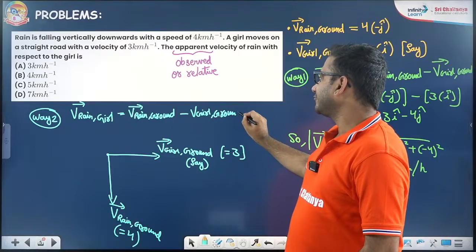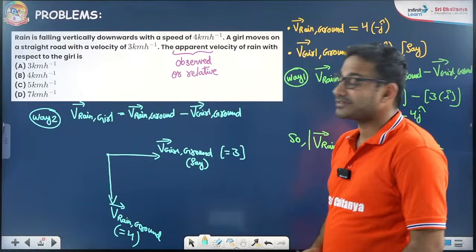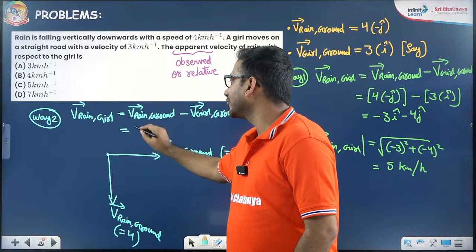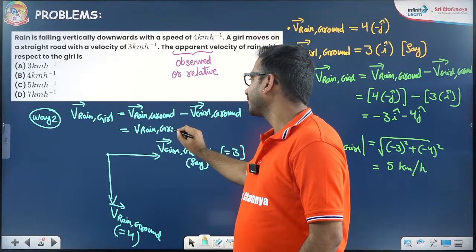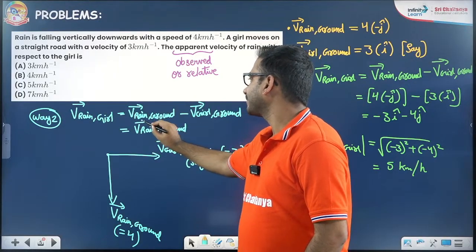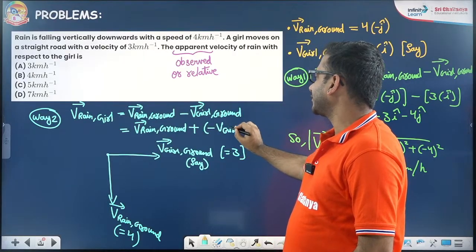Diagrammatically, always remember that subtraction is nothing but negative addition. So there are two vectors: velocity of rain with respect to ground plus minus of velocity of girl with respect to ground.